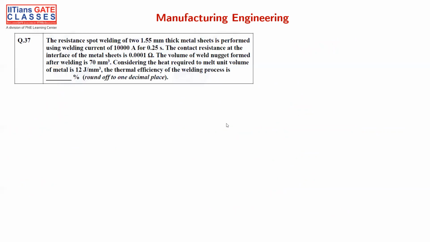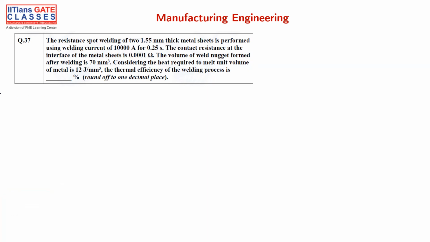Okay, fine. Let's move to the next question. The resistance spot welding of 1.5 mm thick metal sheets is performed using welding current of 10,000 amperes for 0.25 seconds. Again, every time we have to write what is given.